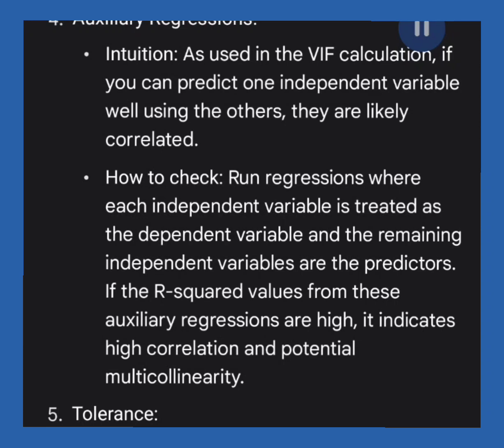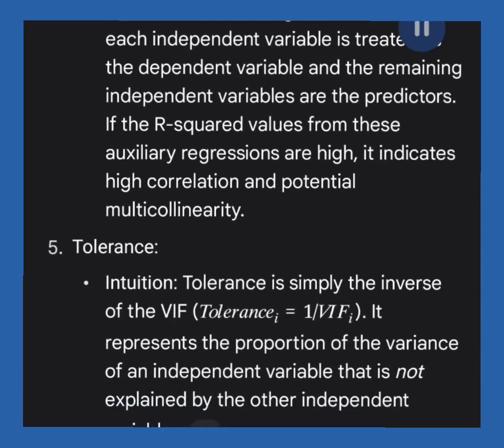How to check? Run regressions where each independent variable is treated as the dependent variable and the remaining independent variables are the predictors. If the R-squared values from these auxiliary regressions are high, it indicates high correlation and potential multicollinearity. 5. Tolerance.